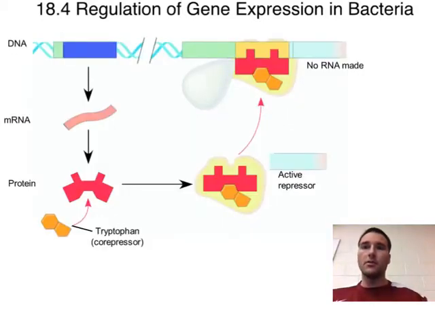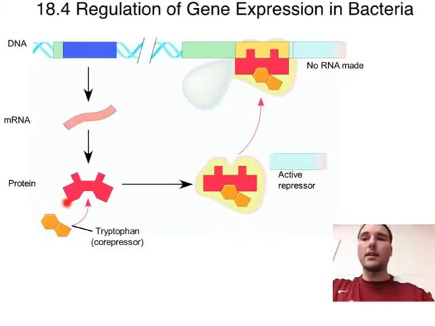The next slide shows what happens if we have tryptophan present in high quantities in the cell. If we look over here at this regulatory gene, our regulatory gene makes its transcript, which ultimately makes this repressor protein. Remember, that's inactive, unless tryptophan ends up being a regulatory molecule here.